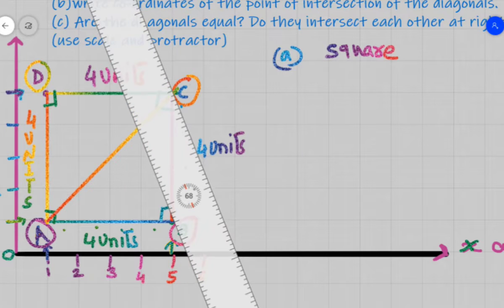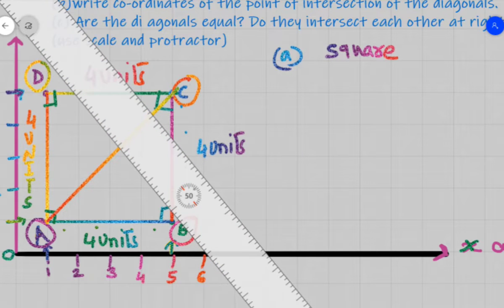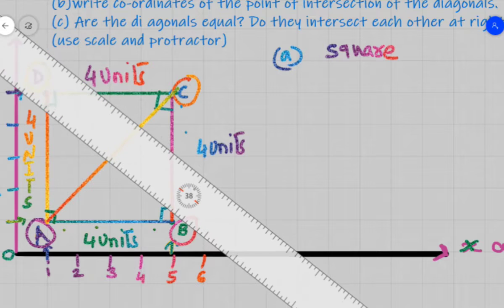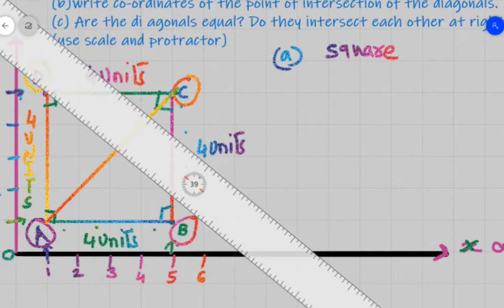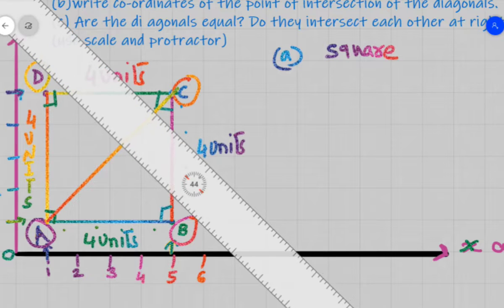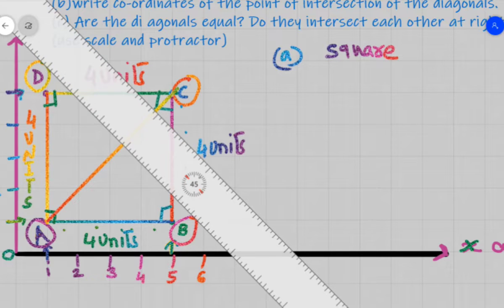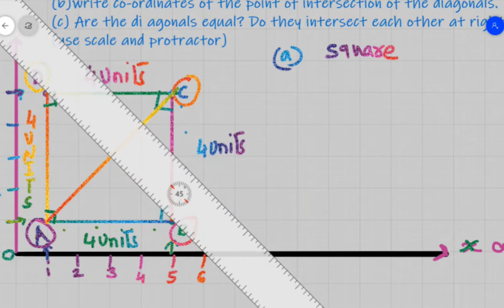Now from this side you have to get how much? From this side also you have to get 45 degrees so that you can join properly. See, from this side also when you get 45 you can join.